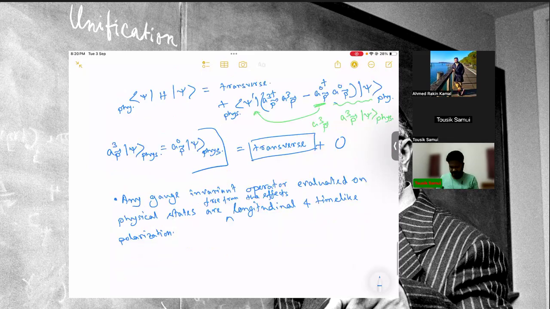So this is the thing. That's how we do it, and the propagator has also been introduced.